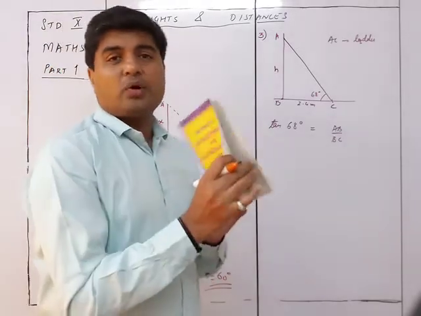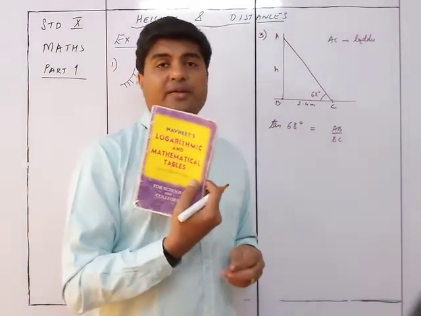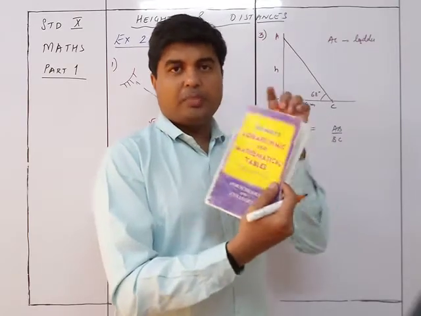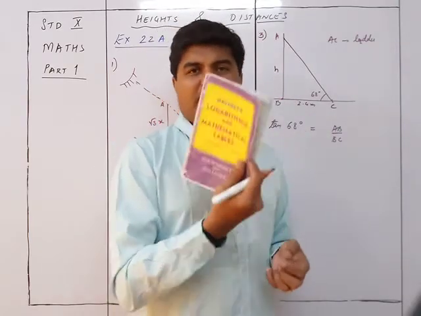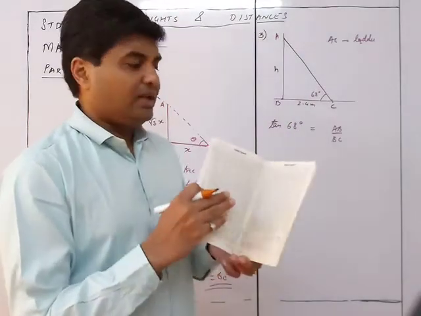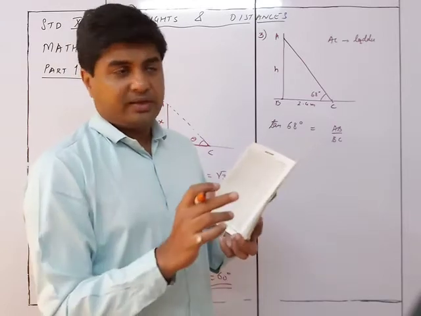Such a book will be given to you in the board examination as well as during the examinations in your schools. Not this particular book, but such a log table book, maybe an orange colored one, and others are there. So you need to see only the natural tangents, not the logarithmic tangents.